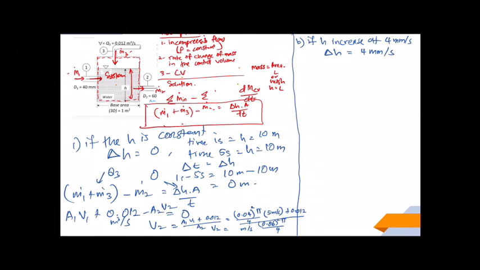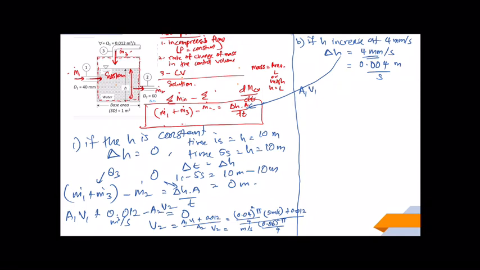It is quite straightforward because you can just replace delta H in this equation, right? However, the quite tricky part here is millimeter per second. You have to change it first to meter per second. So mm converted to meter per second will become 0.004 meter per second.